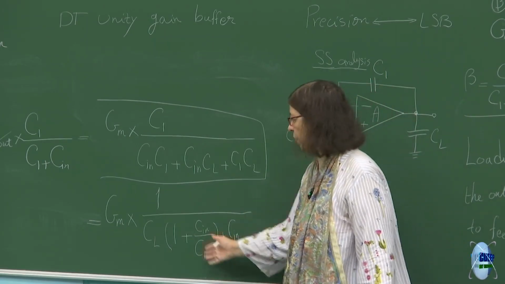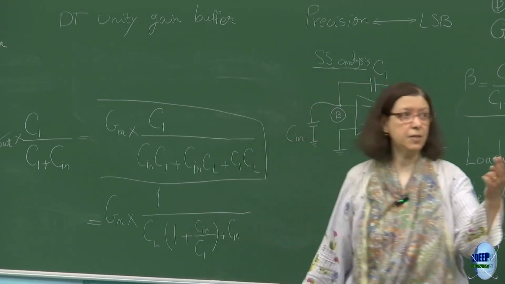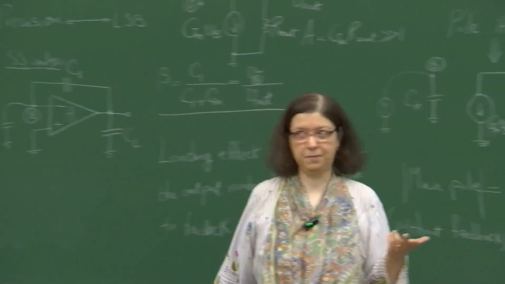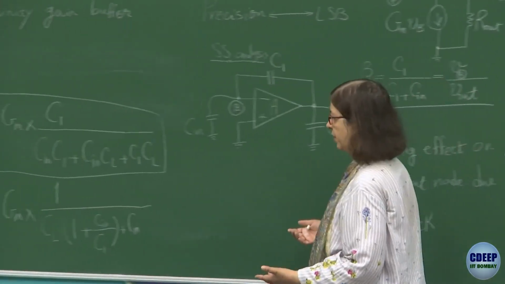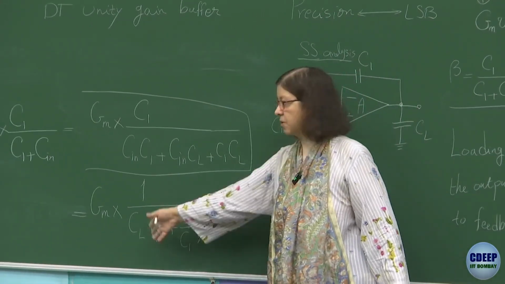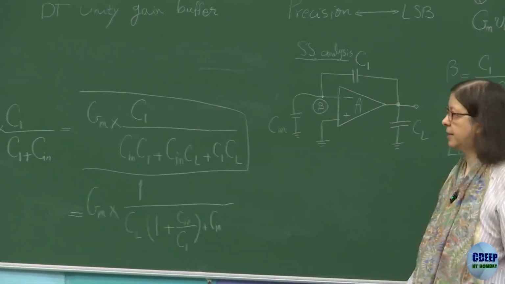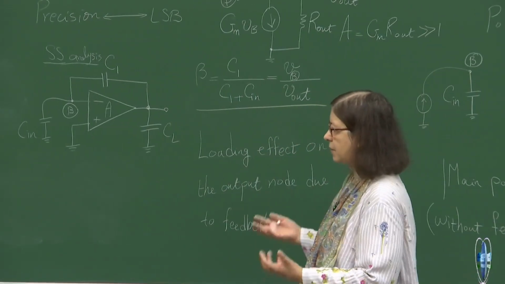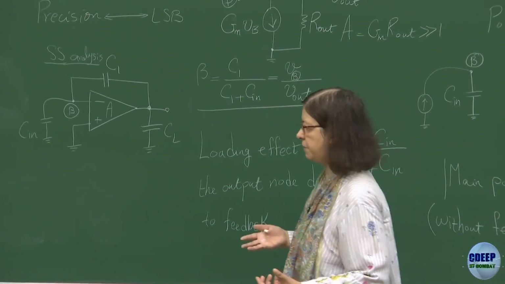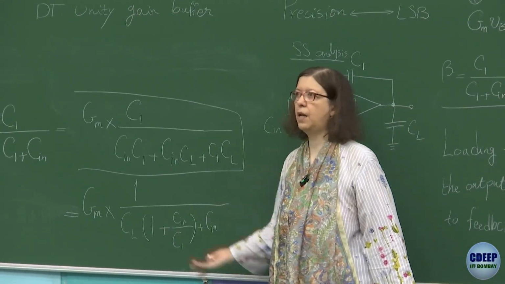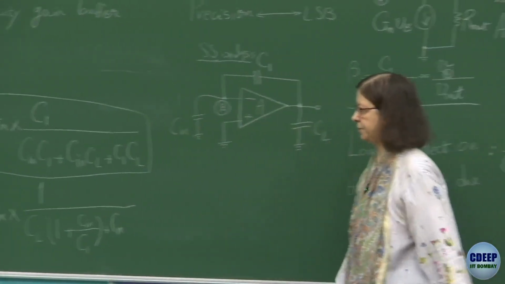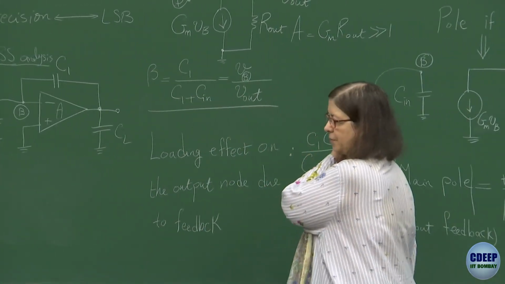Cin upon C1 also increases the effect of Cl. So it's a double effect of Cin. Cin appears as a parasitic capacitor, and Cin upon C1 also increases the effect of Cl. That means we want to make sure that Cin upon C1 at least is low enough so that we have only the effect of Cin and Cl, something like that, for design purposes.